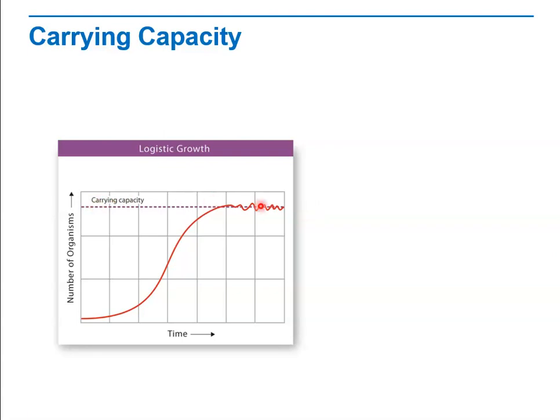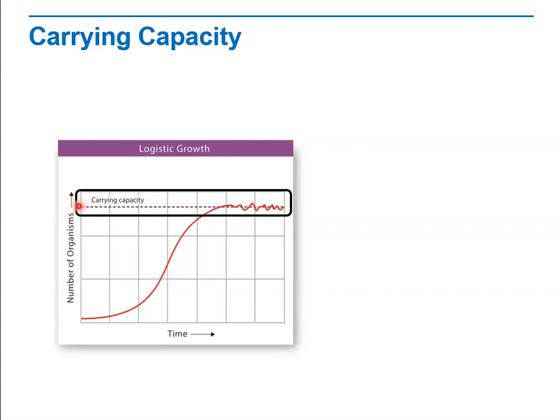The ups and downs average out around a certain population size. If we look at this dashed line, we see again it is carrying capacity. If we look at where this line intersects the y-axis right here, that should show a number of individuals that represents the carrying capacity. That's the maximum number of individuals of a particular species that an environment can support. So different environments are able to support different size populations.